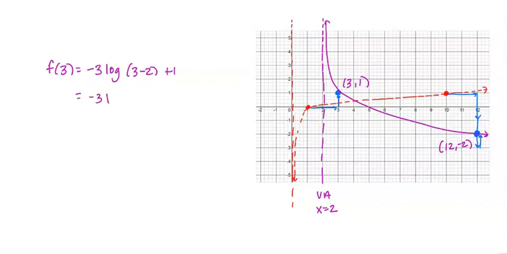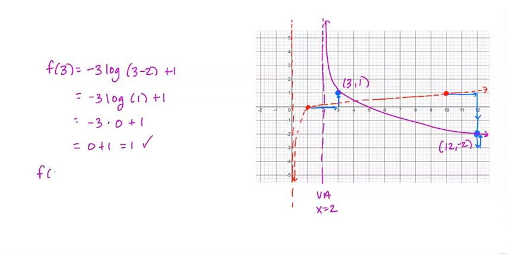So this is negative 3 times the log of 1, plus 1. Well, log base 10 of 1, 10 to the 0 power is equal to 1, so a log finds that exponent. So negative 3 times 0, we have 0 plus 1 is 1. So (3, 1), that matches up with what we had found graphically.